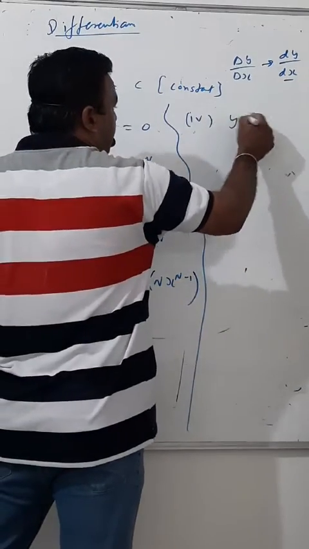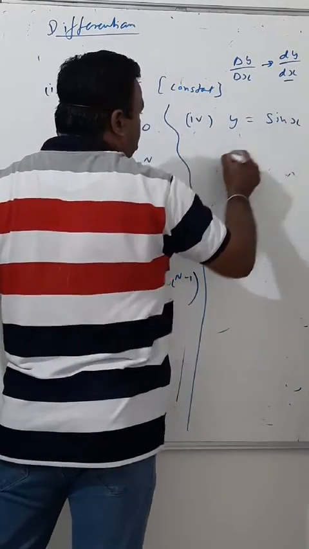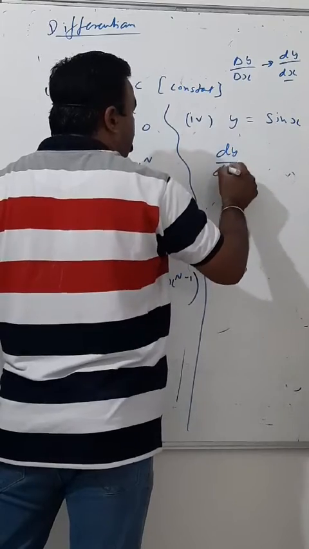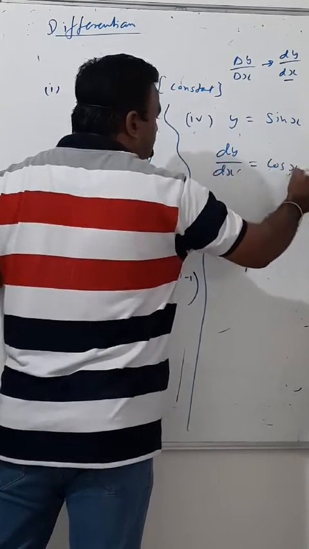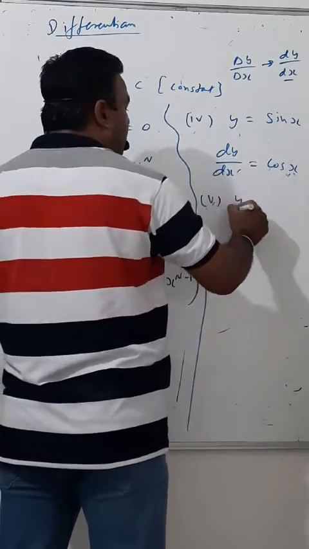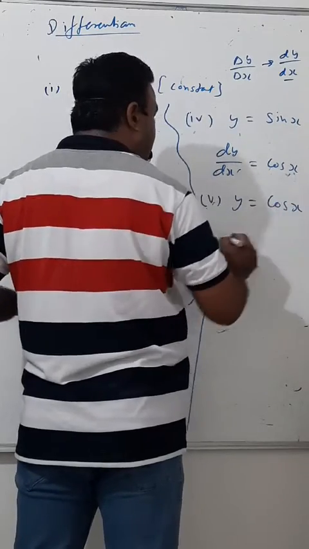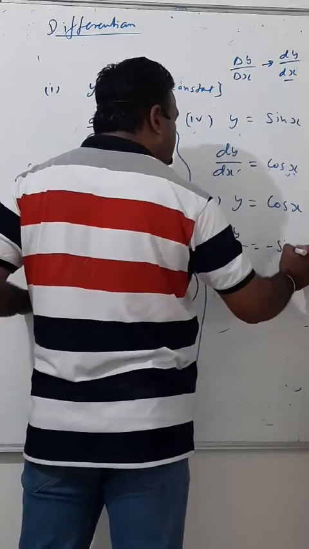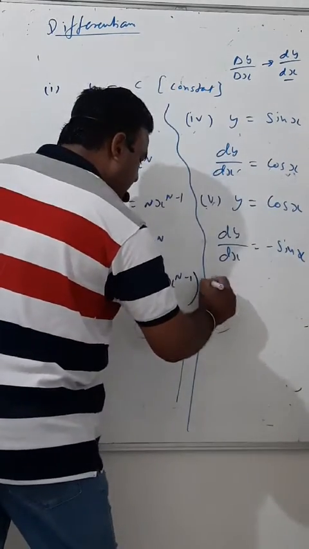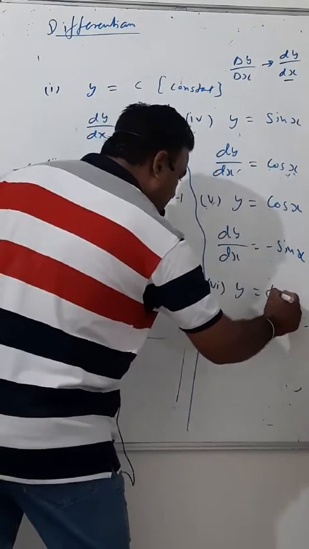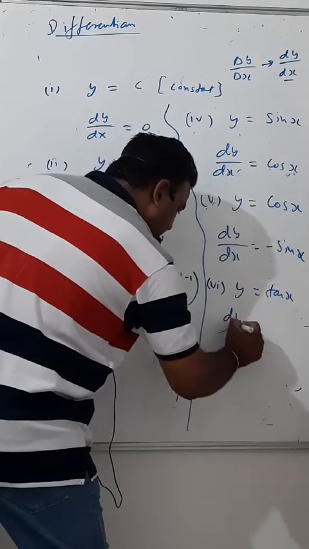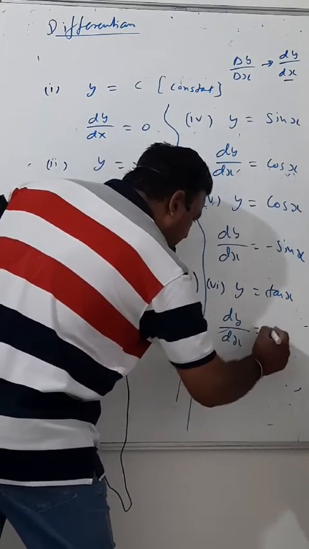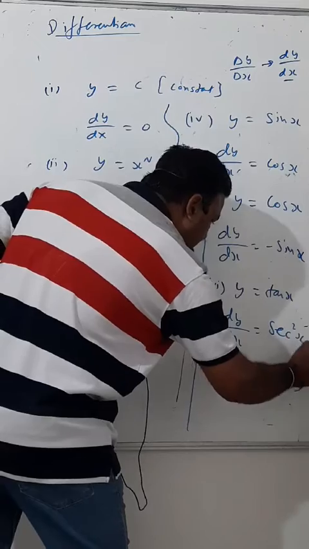If I have y is equal to sin x, then dy by dx is cos x. If I have y equals cos x, dy by dx is minus sin x. y is equal to tan x, dy by dx equals secant square x.